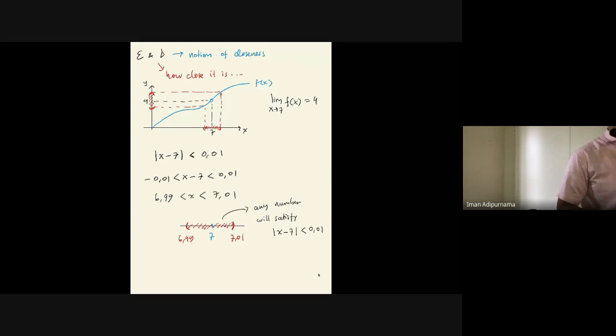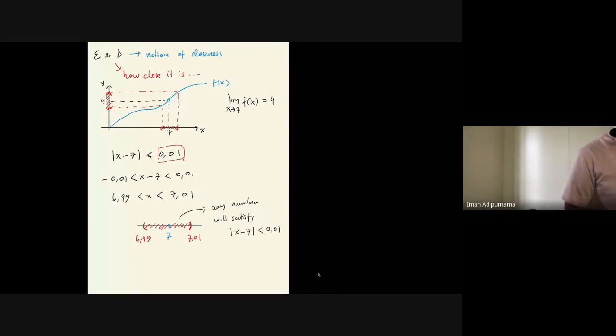But this is just an illustration. What you need to do is find this 0.01, not find, but try some logical number that when you plug in, it will prove the original function. Let me just show you how it's done. Let me go to the next page.